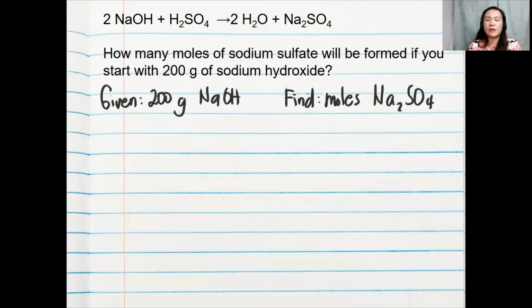Okay, so now that we know which is our given and which is what we need to find, what's the next thing that we need to do? Of course, we get the molar mass. What molar mass are we going to get? We will get the NaOH, since that's the one that has grams in it.